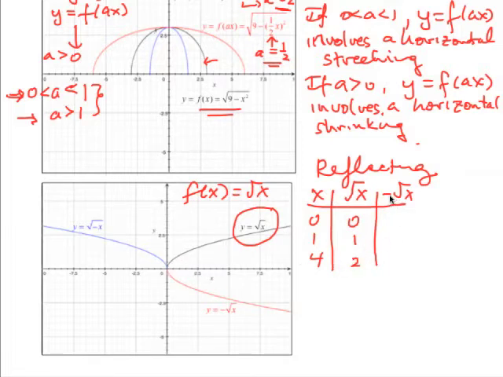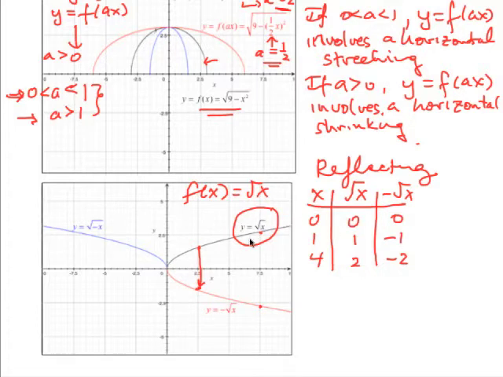Now, what happens if we have a negative in front? Well, of course, it doesn't affect the 0. But now we get a negative 1 and a negative 2. So really what's happened is that this point has gone to this point, and so forth. And this point has gone to this point. So in other words, it's a complete reflection in the x-axis.